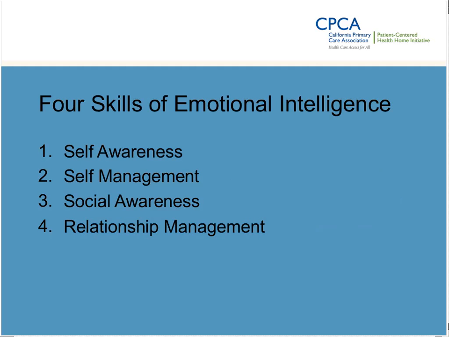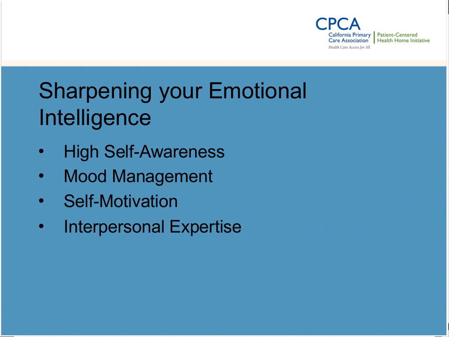You can see that the top 2 skills are really more about you, your self-awareness and your social awareness. And the bottom 2 skills are more about how you interact with other people. Emotional intelligence is really about empathy, handling relationships, managing your emotions, and being self-aware. These attributes are critical for every manager, and they really are an important aspect of who we are as people.